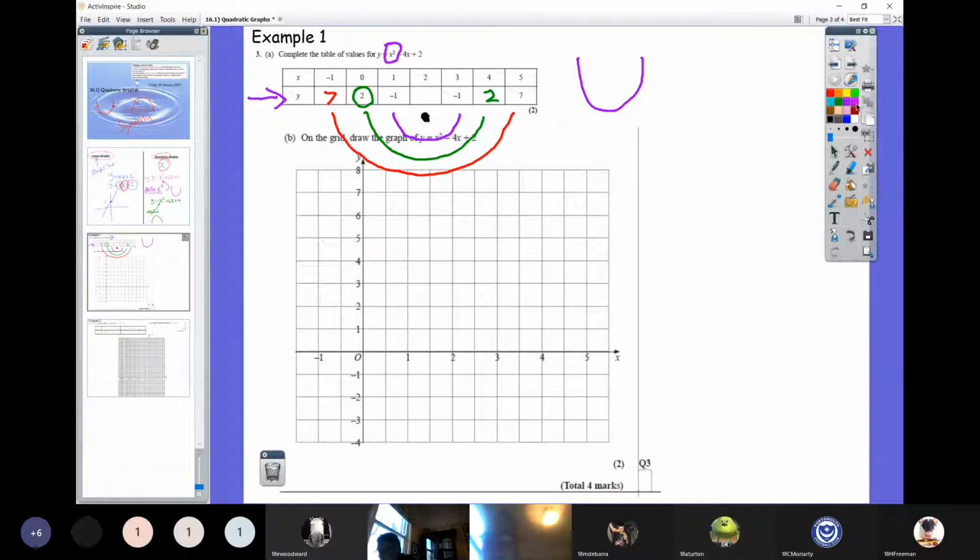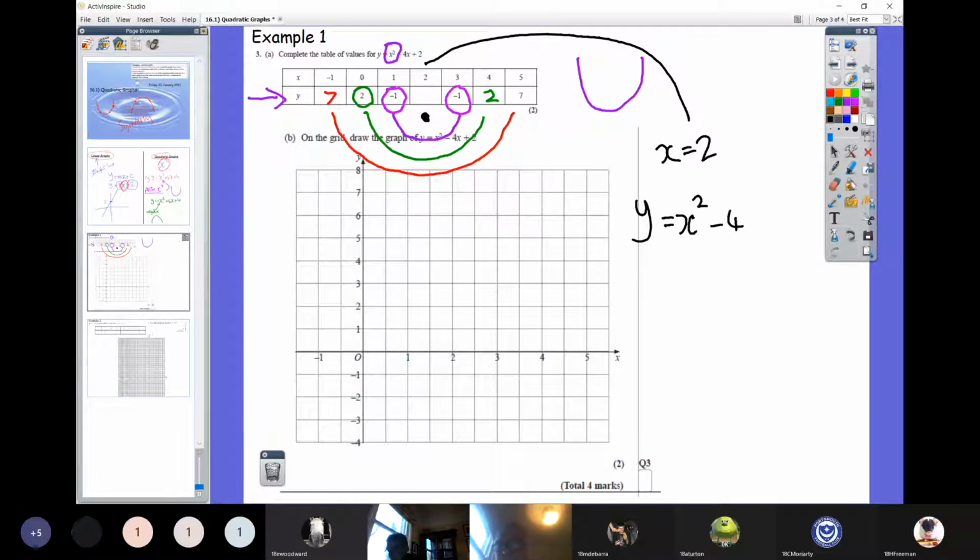Just to repeat that, I started off by spotting I had a repeated -1. That gave me my initial ripple on the pond, and then I've just rippled out from that, the green ripple and the red ripple. So the only working out I have to do is when x equals 2. What does y equal? y equals x squared minus 4x plus 2.